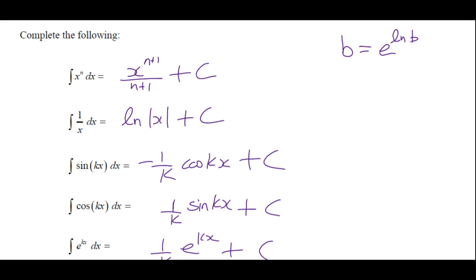So what's b to the kx equal to? It's e to the ln b, to the kx, which we can simplify by doing what with the powers? Multiply. So let's call this kx ln b.